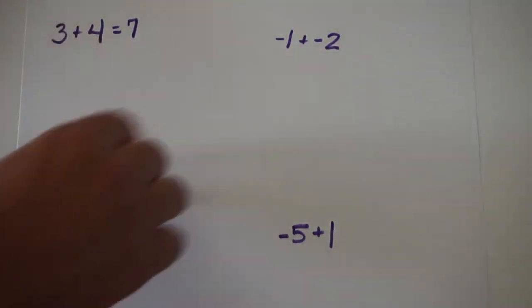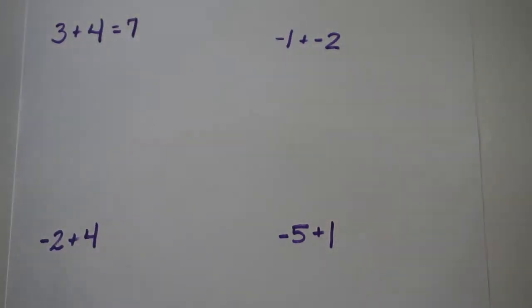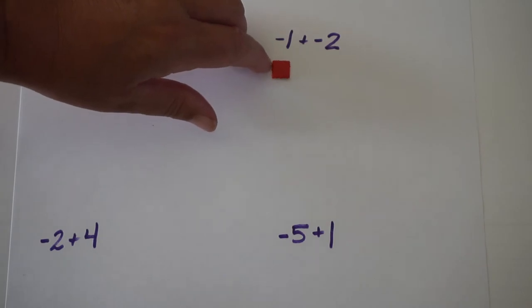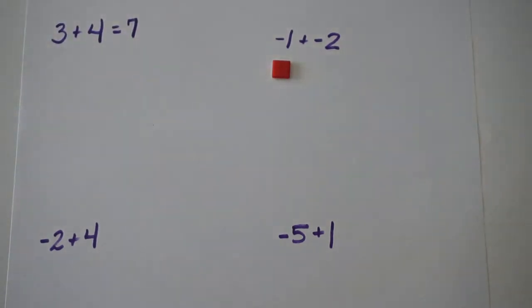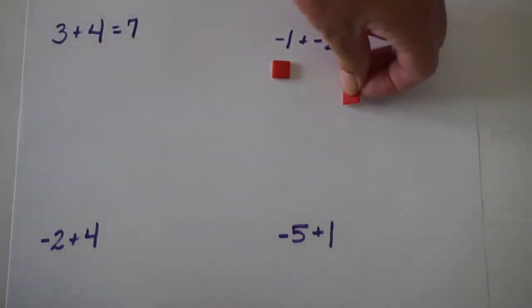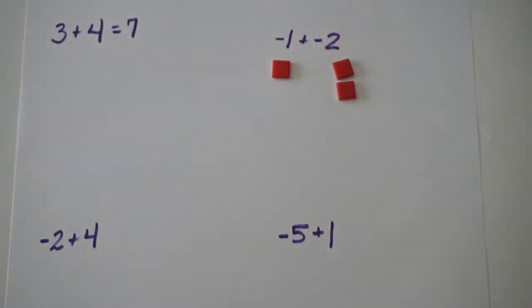So moving on to our next example, -1 plus -2, we need to represent each of those addends, each of those numbers, with a set. So the red side of the chip represents -1, a single chip with the red side up is -1. And then I create a set for -2.